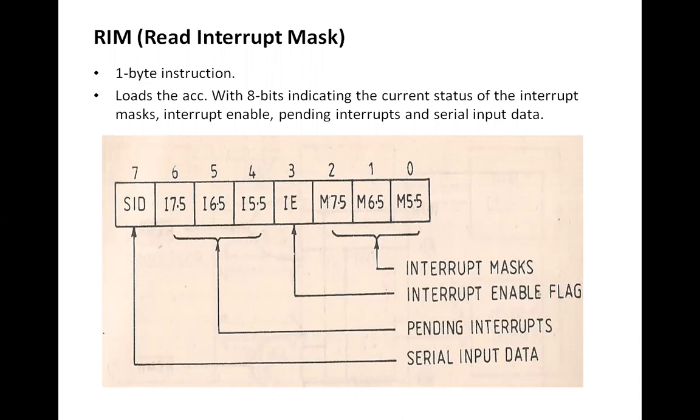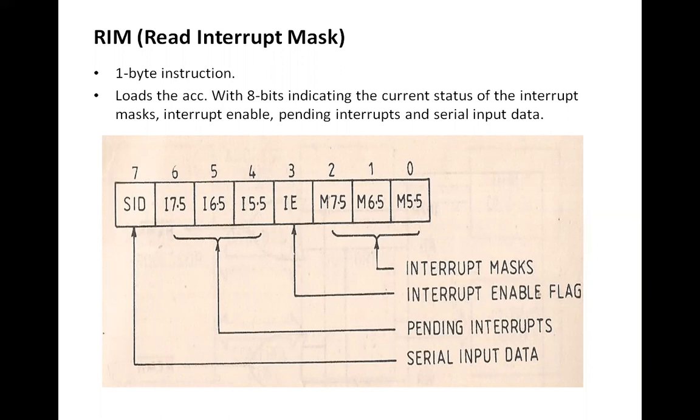Now, this read interrupt mask is a single byte instruction. Before using it, it loads the accumulator with an 8-bit word which indicates the current status of the interrupt mask, interrupt enable, pending interrupt, and any serial input.